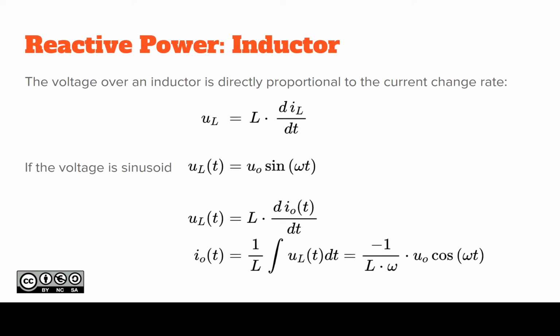Same way, input voltage sinusoid, then it's that same equation, and in order to calculate what the current is, we need to integrate, and integrating sine will end up giving minus cosine, and then you have this omega again, outside as a divider, not as a multiplier as earlier, which shows that with low frequencies, zero frequency, we cannot have any voltage, because otherwise with zero frequency the current would go infinite or minus infinite actually.